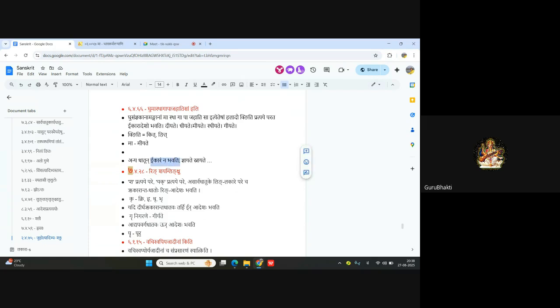Ikaram na bhavati. Like jnayate, snayate, all these dhatus are also dirgha, but they are not given in this list. So those dhatus won't get the ikara adesha.